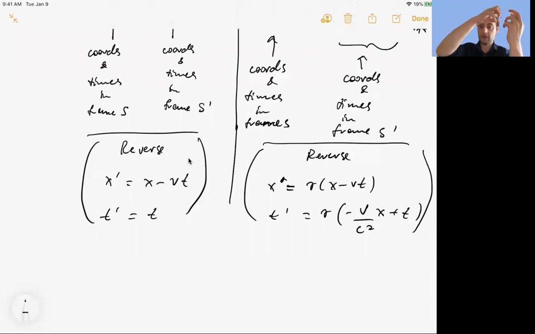If the transformation from this frame to the other includes the positive sign, the plus sign in front of v, then the transformation from the other to the one will include the minus sign of v. If the transformation from the other to the one includes the plus sign of v, then the transformation from the one to the other includes the minus sign in front of v. v itself can be either positive or negative.